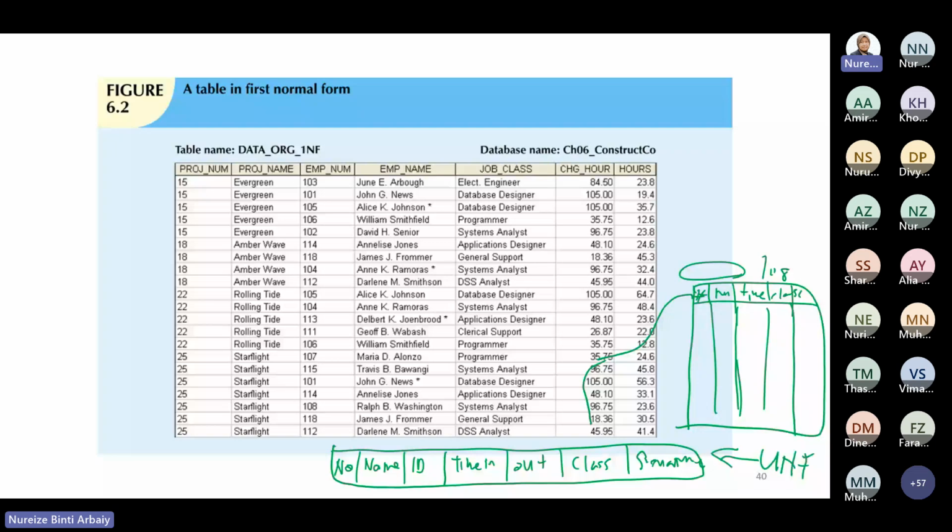Same with this example. In their spreadsheet, they have a project name.